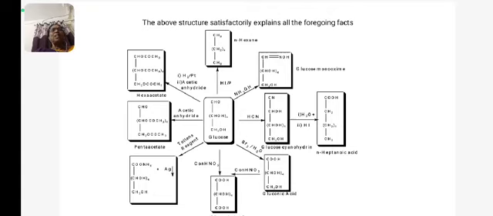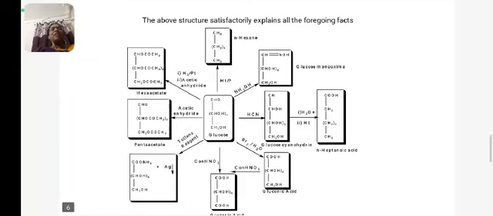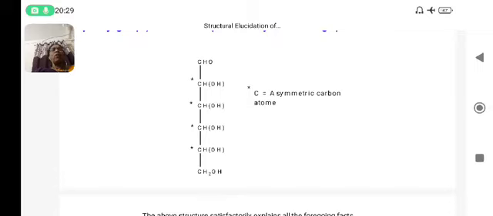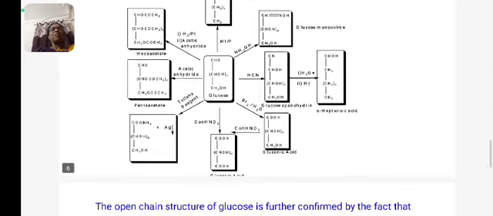With concentrated nitric acid, we get glucaric acid. With Tollens reagent, black silver mirror and ammonium gluconate. And with acetic anhydride, glucose pentaacetate. And on reduction followed by acetic anhydride, we get glucose hexaacetate. Thus, using this structure, we can explain all the above reactions satisfactorily.